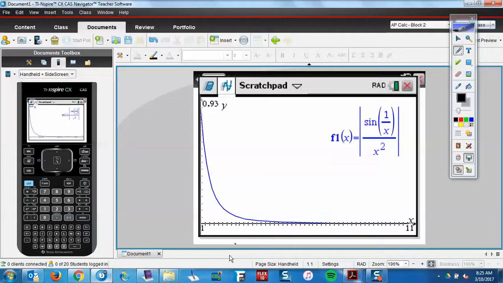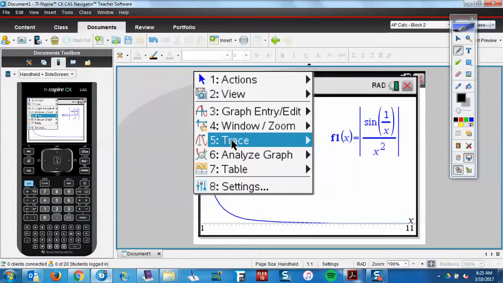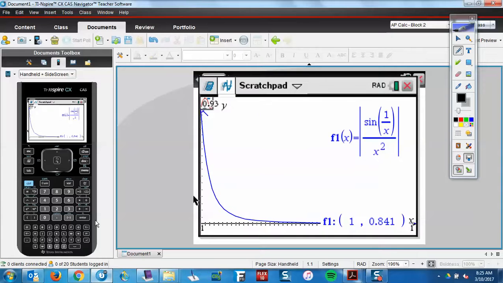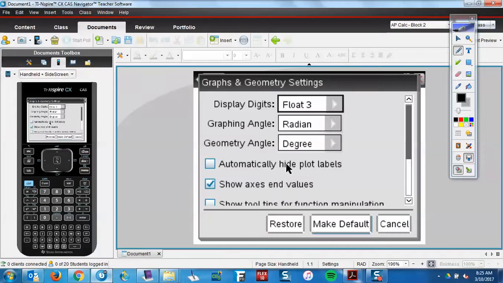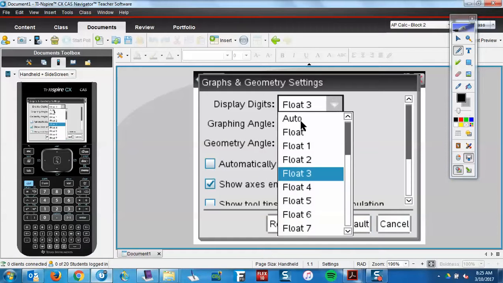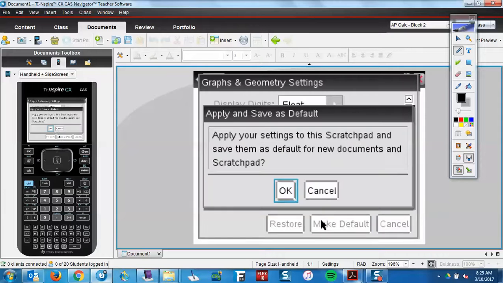0.84 what? I had my error as 0.841. K1 is 0.84. I think we're going to round that up because it's not exact. Why is mine not floating 3? I thought I fixed this yesterday.